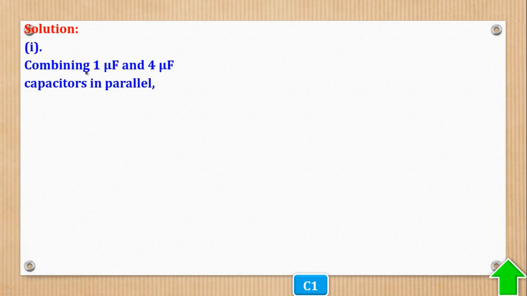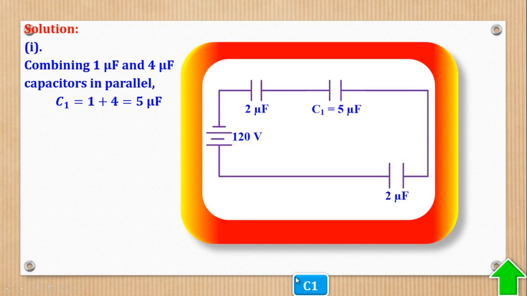So combining 1 microfarad and 4 microfarad in parallel, I have to add the 2 to give you this. So when that happens, the circuit will now become this.